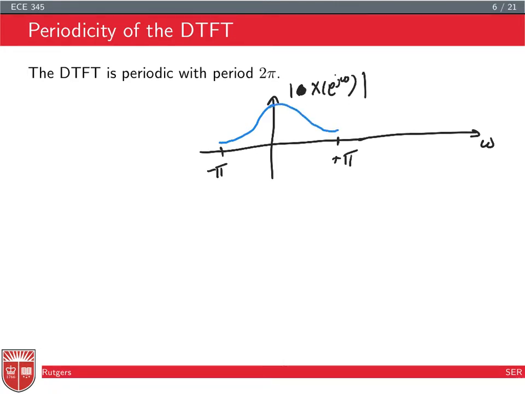Then it has to be repeated, because it has period equal to 2π. So here we have negative π and positive π, and this would be 2π here, and 3π. So you would have something like this, and again and again, and here the same thing, with negative 2π and negative 3π.